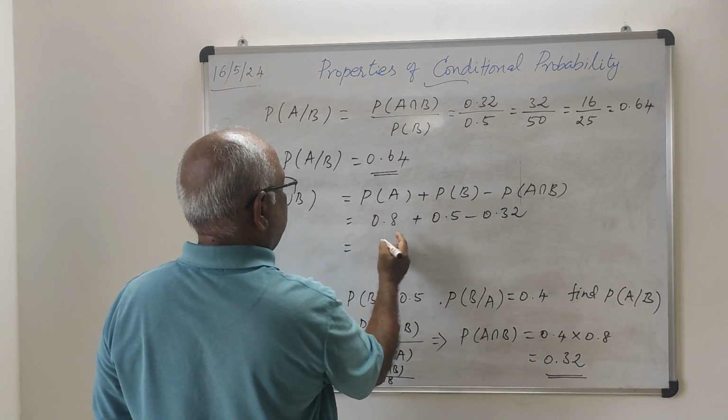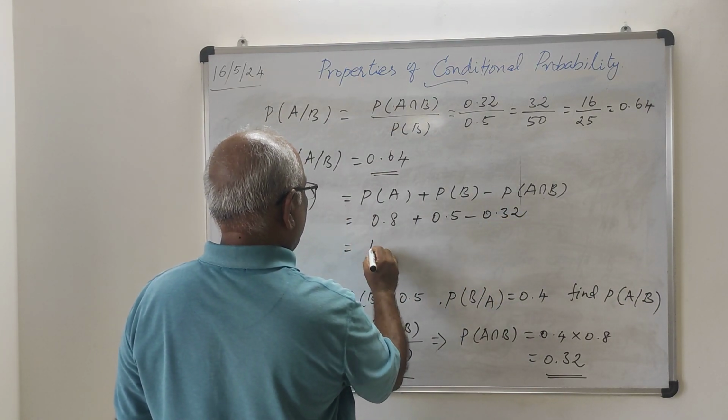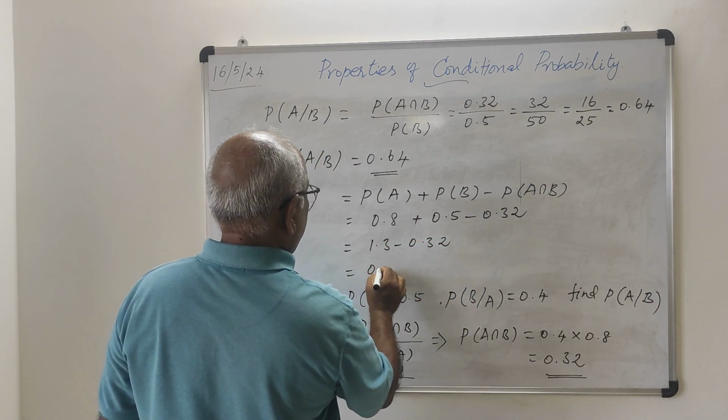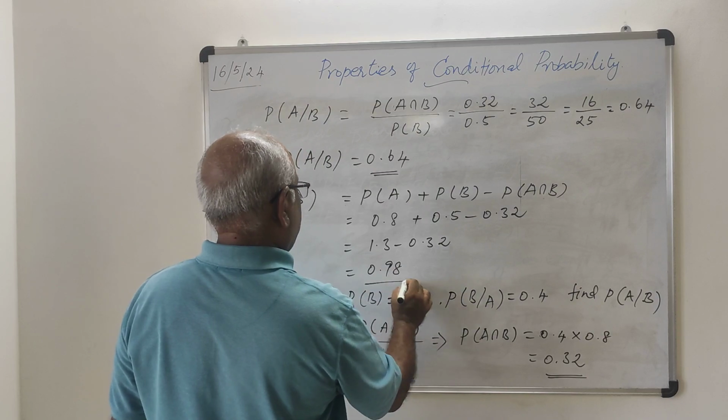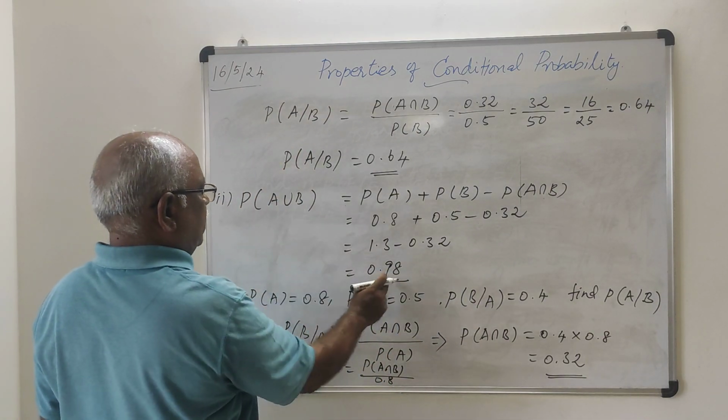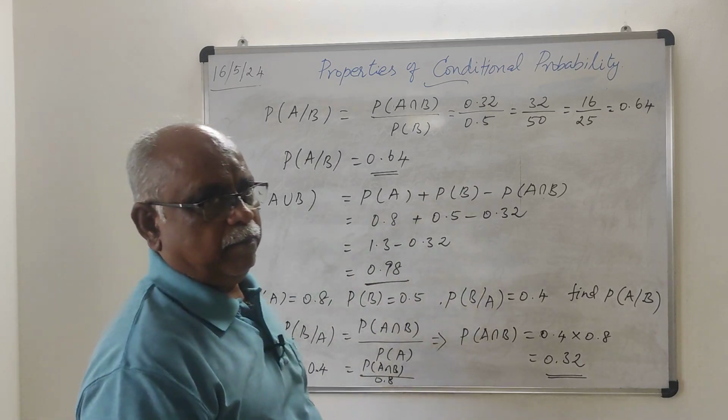So 0.8 plus 0.5 is 1.3, minus 0.32, this is equal to 0.98. So P of A union B is 0.98. That's all about the problem.